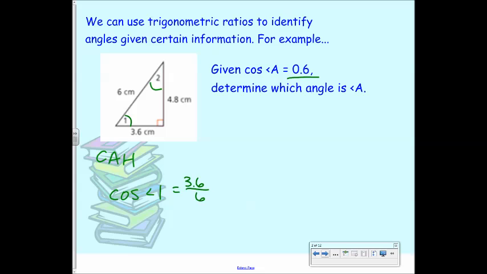How could you figure that out? Yeah, just do it on your calculator. 3.6 divided by 6 and 4.8 divided by 6. And which one's going to give you 0.6? 3.6 over 6 gives you 0.6. So then angle 1 is angle A. Because what's 3.6 divided by 6?